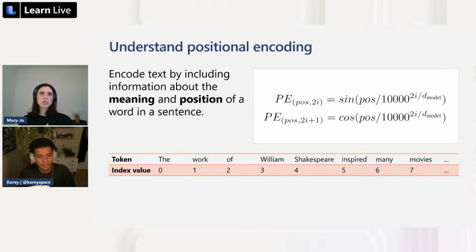In other words, it makes sure that there is a certain range of values that will then be used to assign a number to a token, so that the actual value of that index will never be too big. In that way, it mostly looks at the relative position of a word in a sentence without really going to extreme index values. So that's positional encoding, combining the meaning of a word and the position of a word in a sentence.